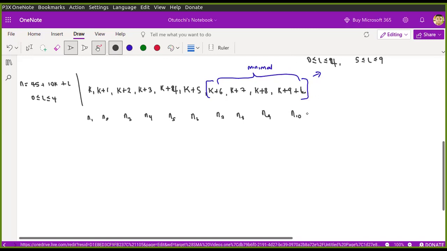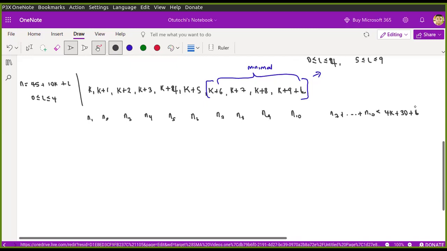So now I'm assuming that there's another distribution such that the sum n7 to n10 is actually less than the sum of these guys, right? And the sum of these guys is 4k plus 30 plus L, right? So this is an assumption.